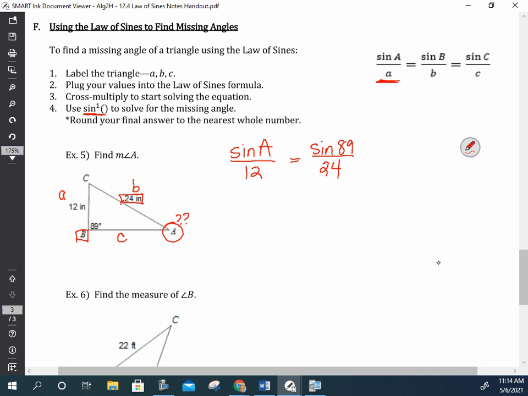Again, the primary thing is to get your setup. Once we get our setup, solving is the easy part.